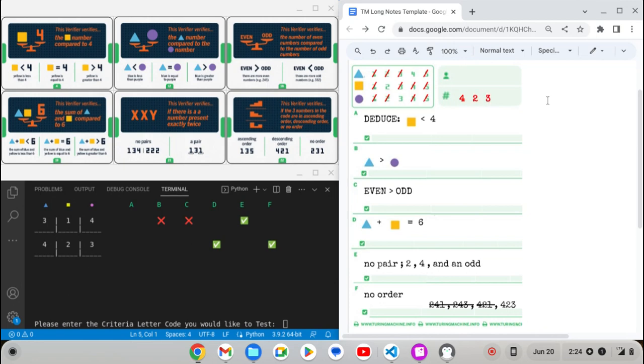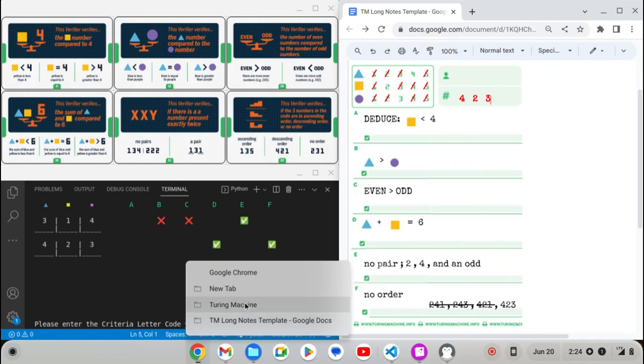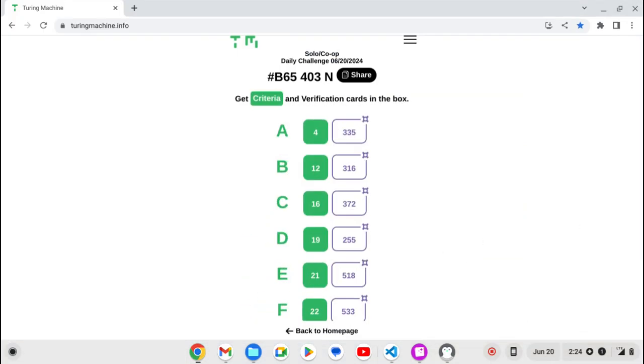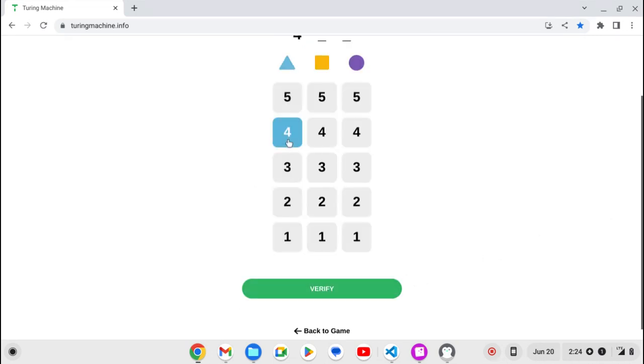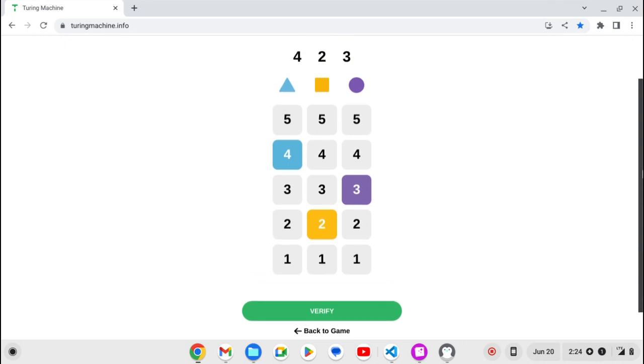And so I think we've already reviewed it. Let's just go to turingmachine.info to verify. So 4, 2, 3. 4, 2, 3. And verify. Okay, yes, for sure.